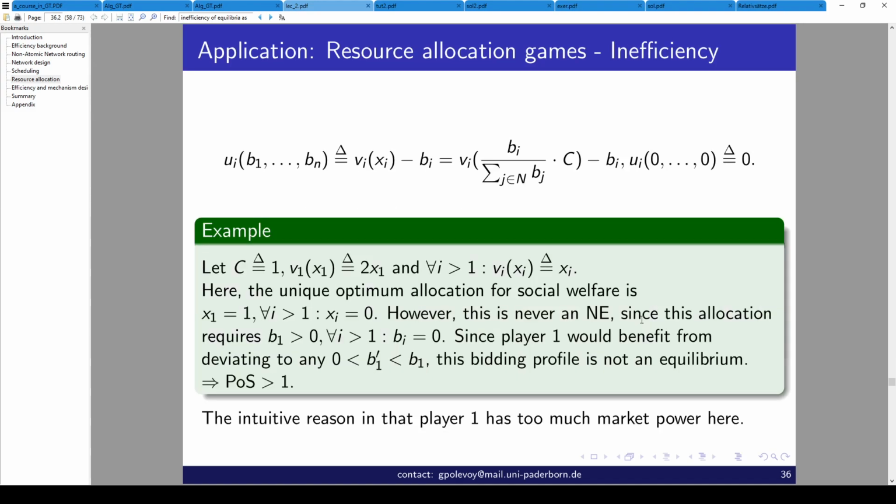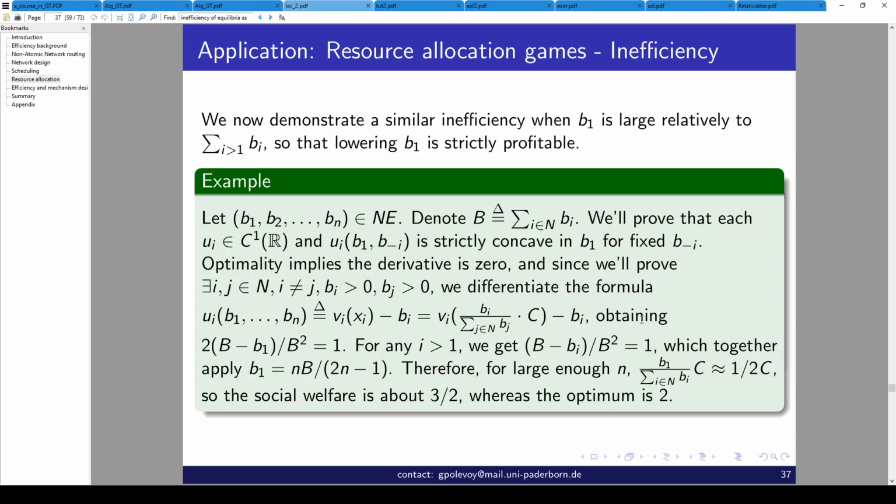The intuition for why that's the case is that player 1 has too much market power. So when the rest don't bid anything, player 1 can play with what she bids, and she can always bid a bit less and strictly improve her utility. And you can also look at another similar case. When b_1 is much larger than the other bids, lowering b_i would be strictly profitable.